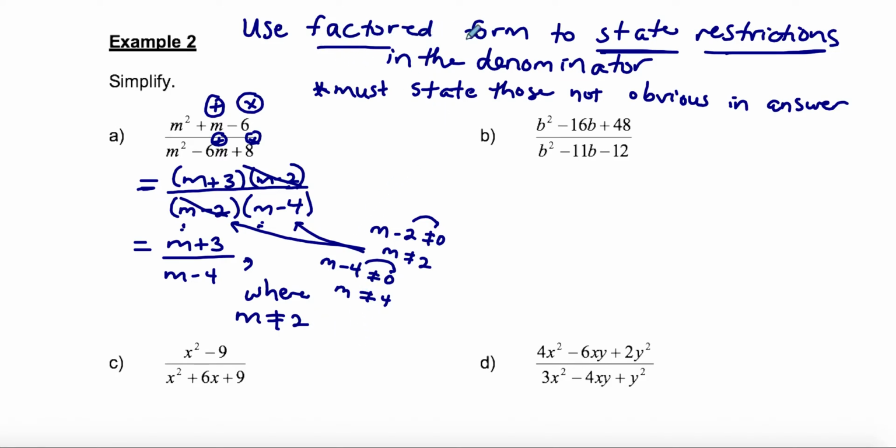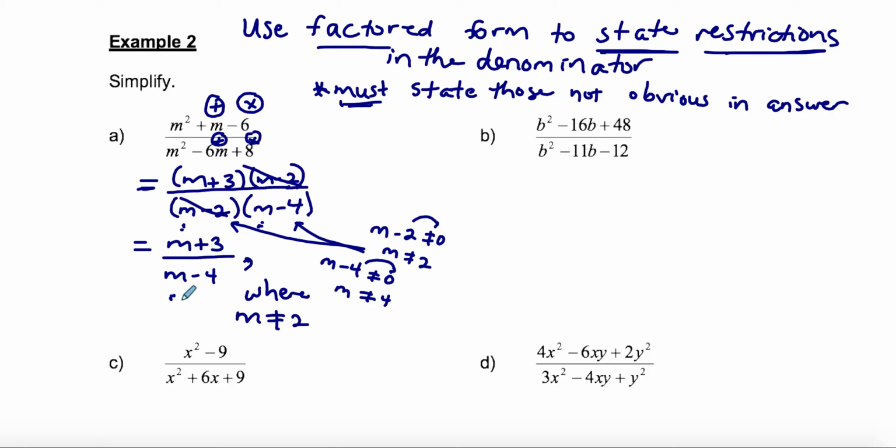So we use factored form to state restrictions in the denominator. We must state those that are not obvious in my answer. Some teachers would say that I don't need to say that m can't equal 4, because I can see right here in my answer still that m can't equal 4.